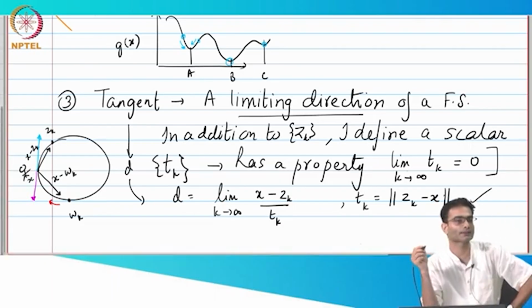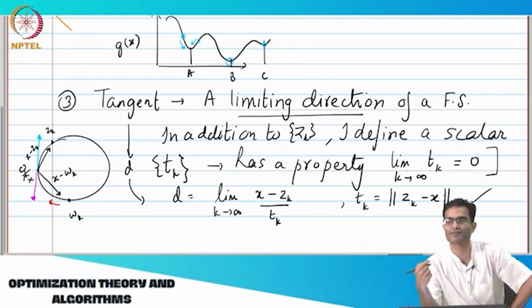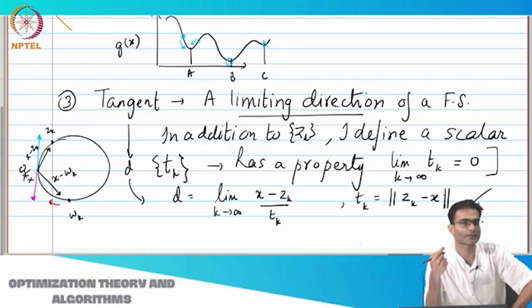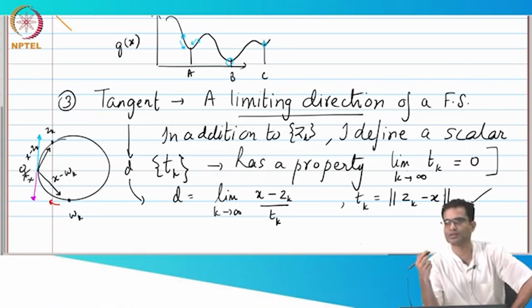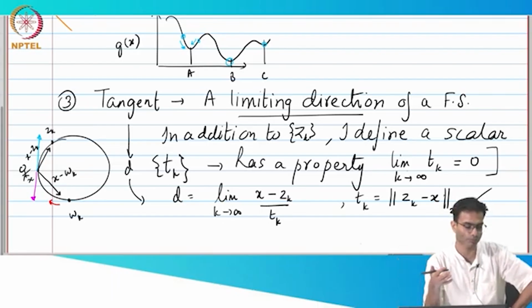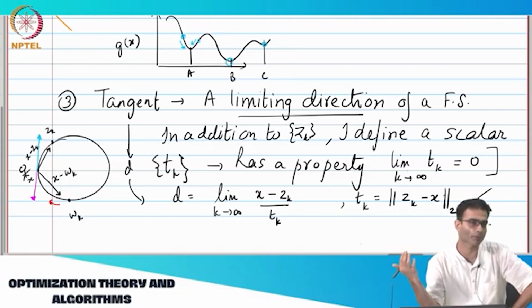So what is that telling us? It's telling us that associated with every feasible sequence, I'm going to come up with a particular tangent direction. There's no reason why we expected everything to give me the same tangent, right? You can see both the blue arrow and the red arrow are legitimate tangent directions to the circle at point A. That's fine.